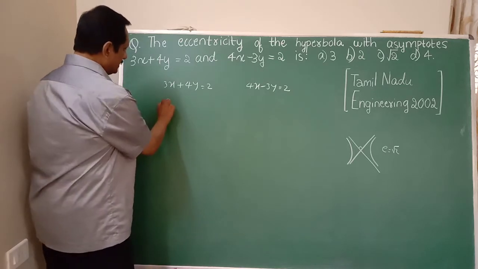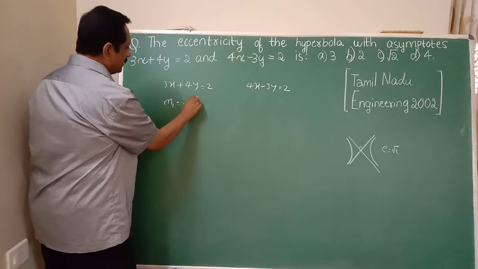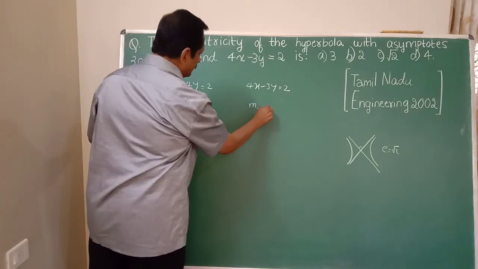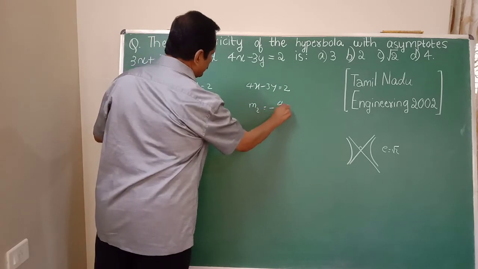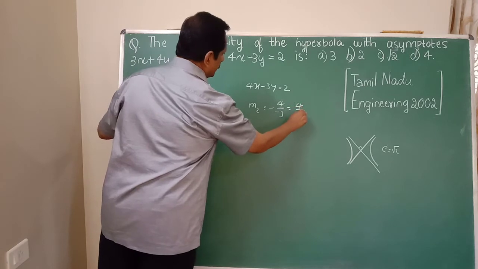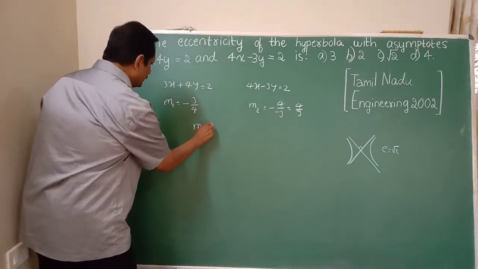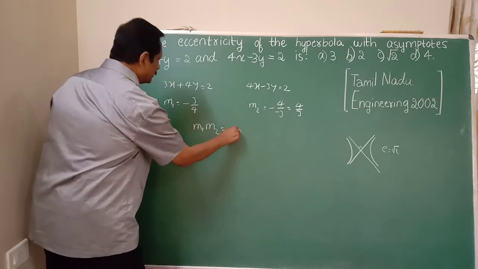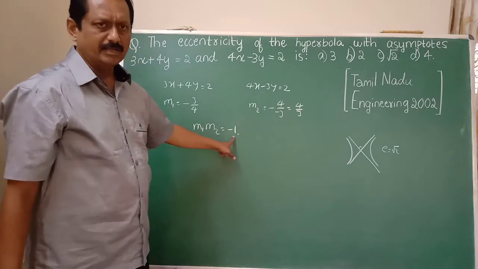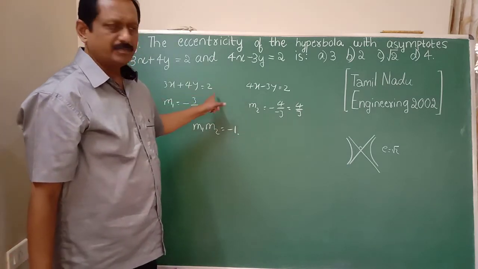Just observe, the slope of this asymptote m1 is -3/4, and the slope of this asymptote m2 is -4/-3, which is 4/3. If you multiply these two, m1 m2 = -1. 4 cancels, 3 cancels, remaining is -1. If this condition is satisfied, then these two are perpendicular.